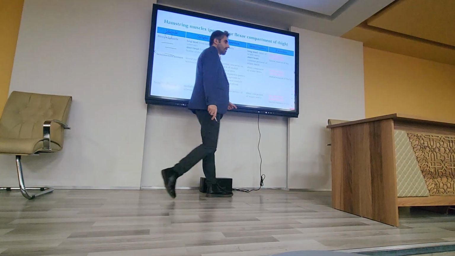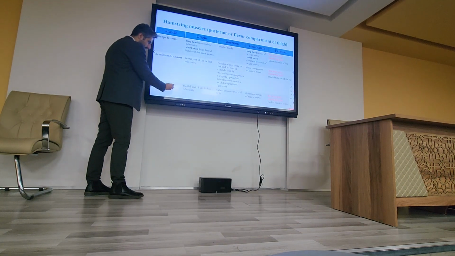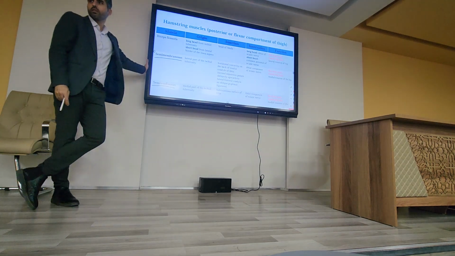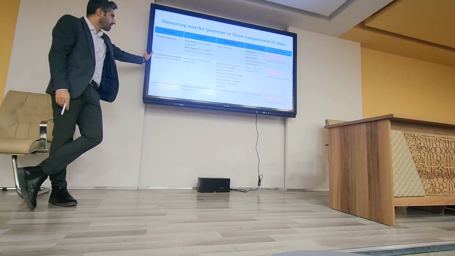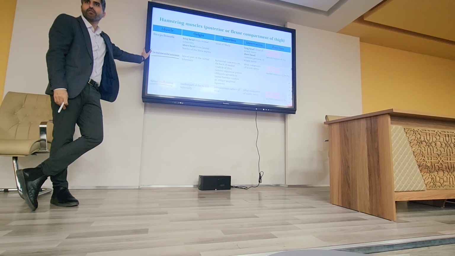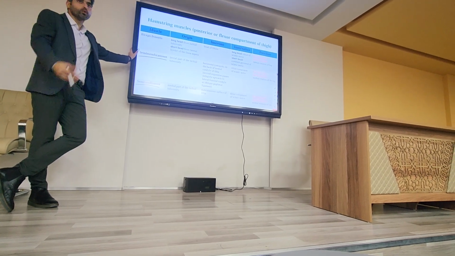Semitendinosus, look at the name. Semimembranosus. What can I understand from the name? Semimembranosus: half of the muscle looks like a membrane.